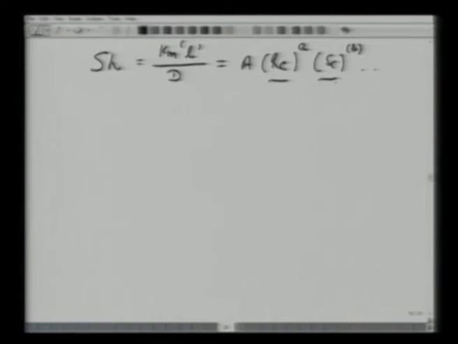So we can write Sherwood number, Km times some characteristic length divided by the diffusivity, equals A times Reynolds number to the power a, Schmidt number to the power b, and maybe there are other parameters here. So what we have to do is calculate Reynolds number and Schmidt number under the operating conditions, then calculate Sherwood number, and from the Sherwood number we can find the mass transfer coefficient.